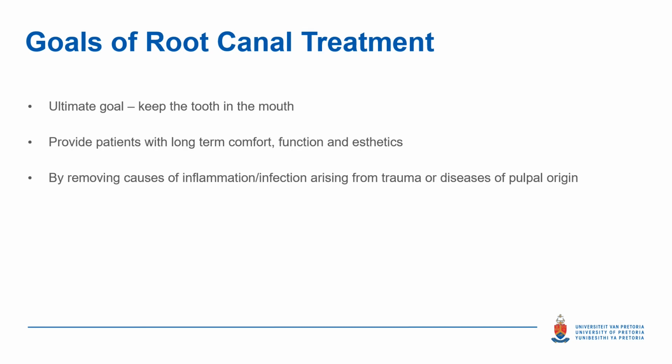Our ultimate goal when doing endo is obviously to try and keep the tooth and provide our patients with long-term comfort, function, and aesthetics. And we do this by removing any infected or inflamed tissue from inside our tooth that may arise from caries, trauma, or other diseases of pulpal origin.